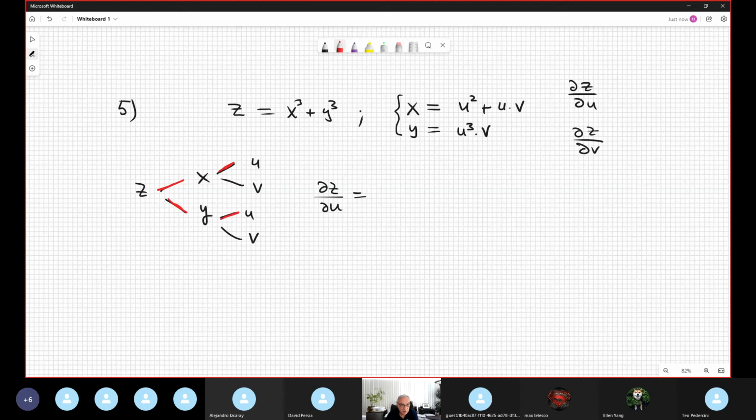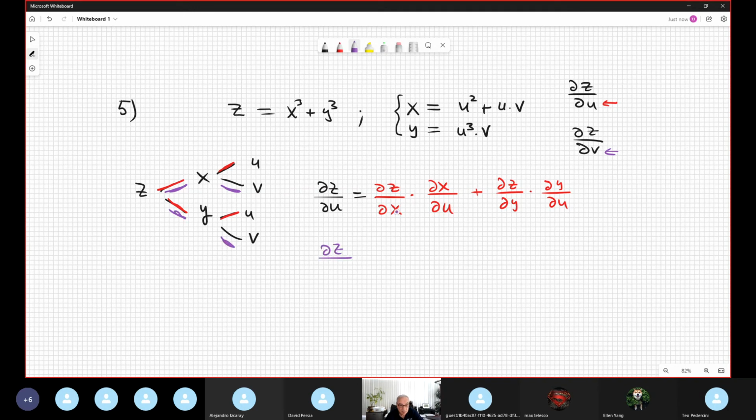So partial z with respect to x times partial x with respect to u, plus partial z with respect to y times partial y with respect to u. I finished the u part, and the v part is similar. v is in this direction, this direction.